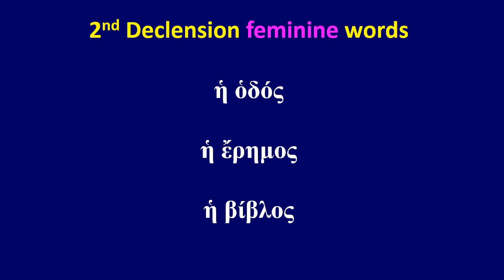And here again is the value of memorizing the proper article to go with the noun itself. The same is true with the word for desert below it, hē erēmos, and then the word for book below that, hē biblos. Again, based on their ending, they look like they're going to be masculine, but they're actually feminine. But they're second declension feminine words. So there's a few very rare feminine second declension nouns.